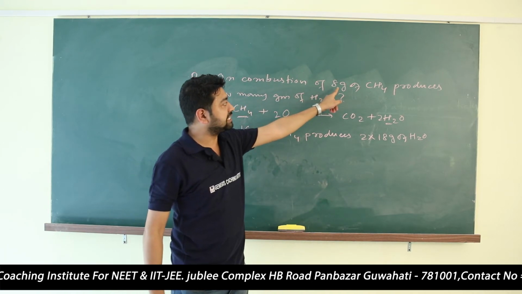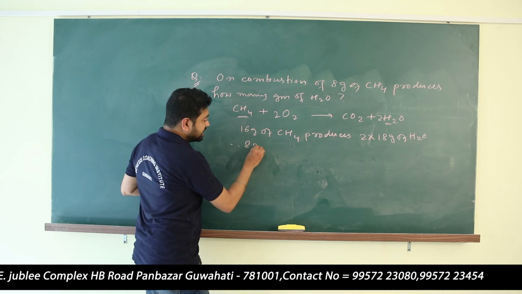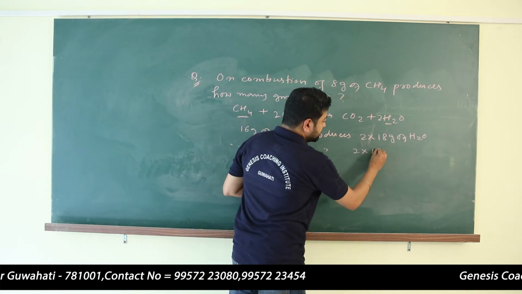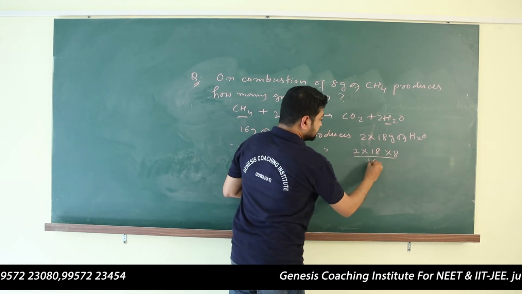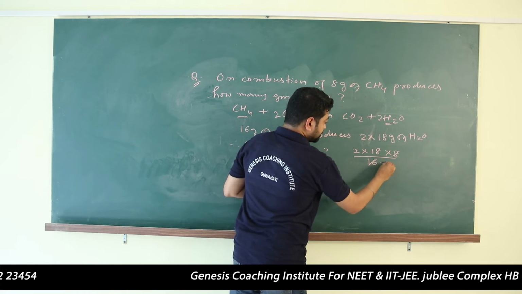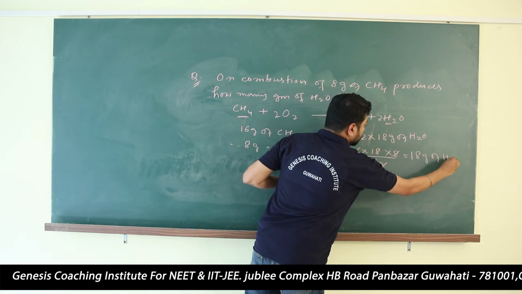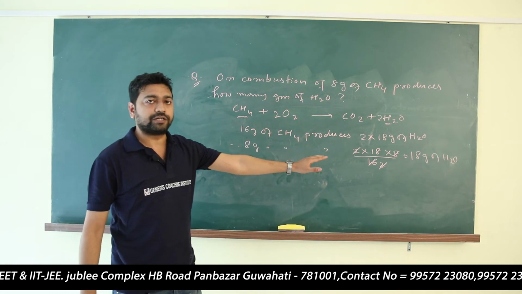Now in the question it is given 8 gram of methane. So 8 gram of methane produces how many? So 2 into 18 into 8 divided by 16. The total is 18 gram of H2O. Means 8 gram of methane produces 18 gram of H2O.